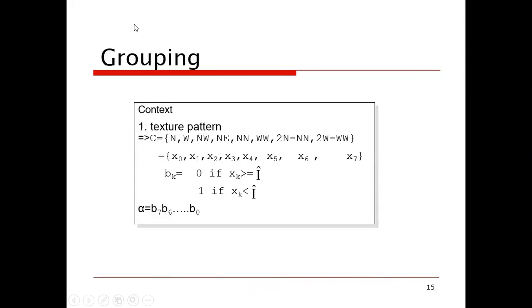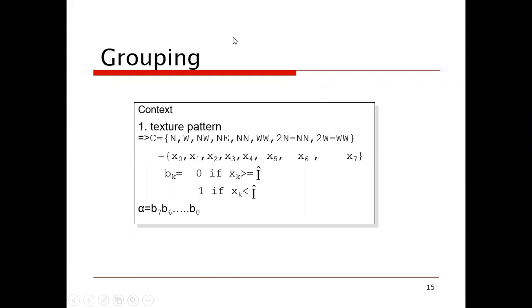So if X1 is greater than or equal to I bar, then B1 becomes 0. So 105 is greater than or equal to I bar, which is 105, and B1 becomes 0.